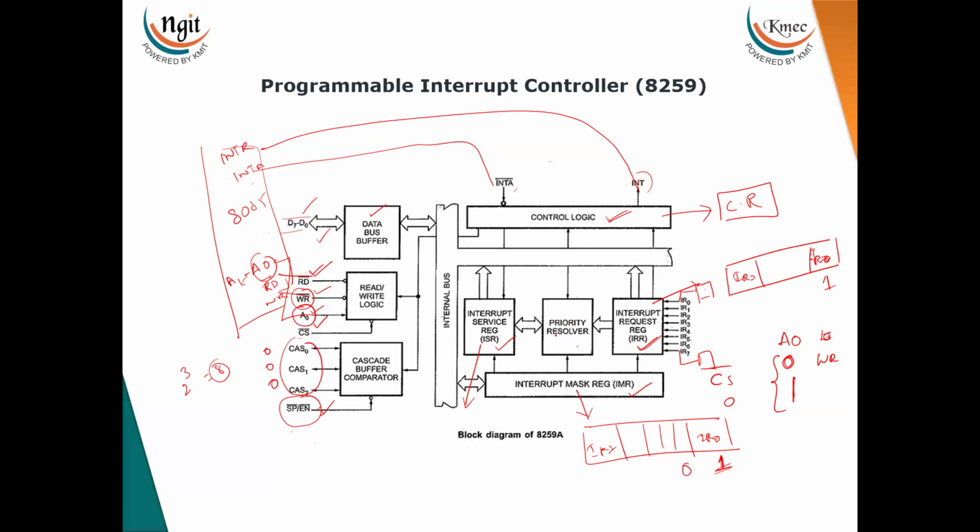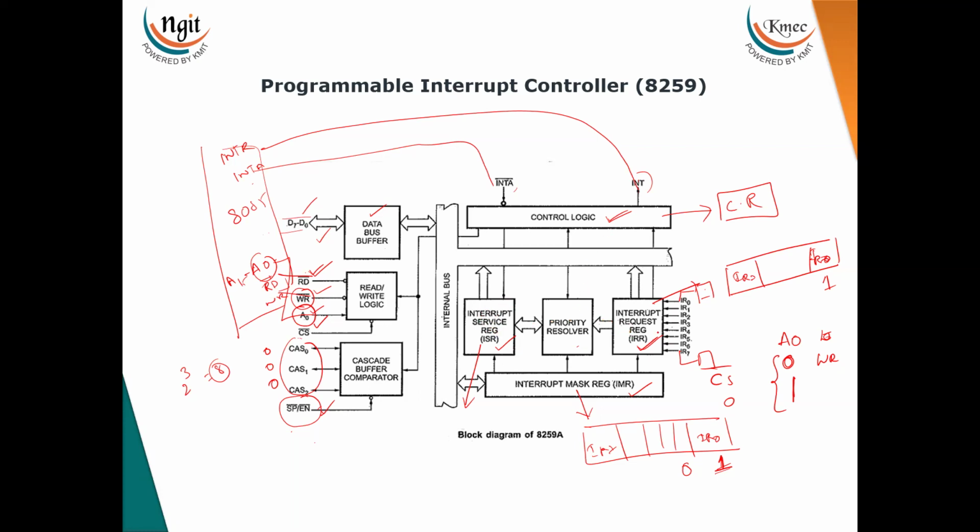Now what are the events that occur in this 8259? After connecting the devices to these interrupt pins, if more than one device sends an interrupt request, those bits will be set in this register. If any requests should be masked, the data should be loaded in the mask register. Depending upon the request signals, the priority resolver will set the priority of these interrupt requests and set the highest priority interrupt into the interrupt service register, and immediately that signal will be reset here.